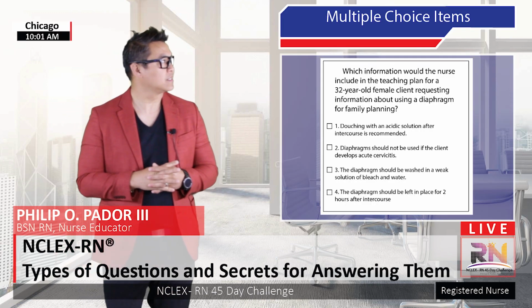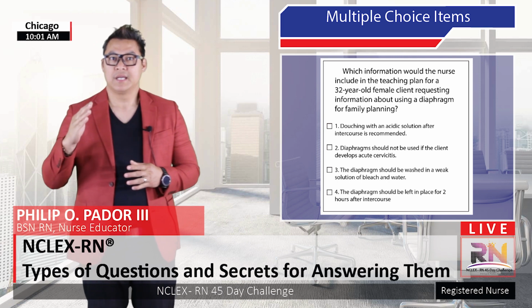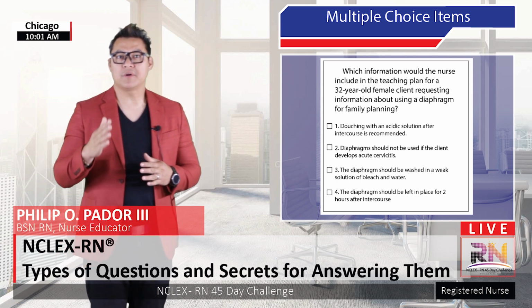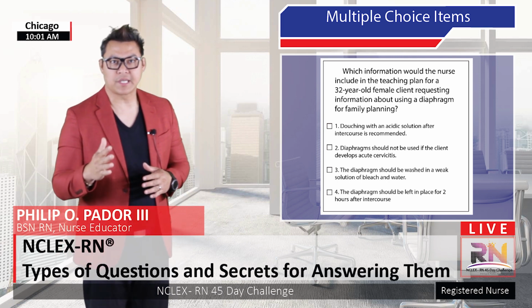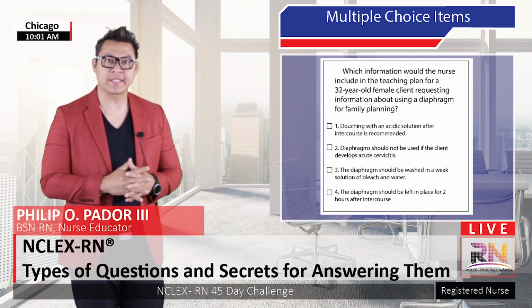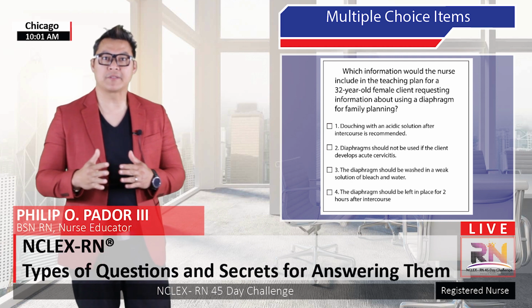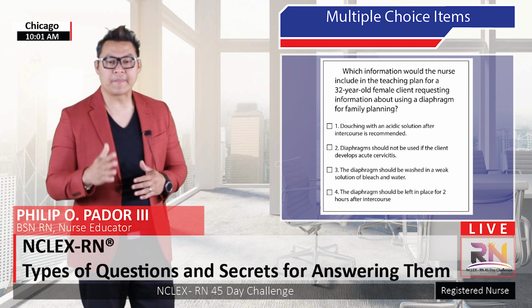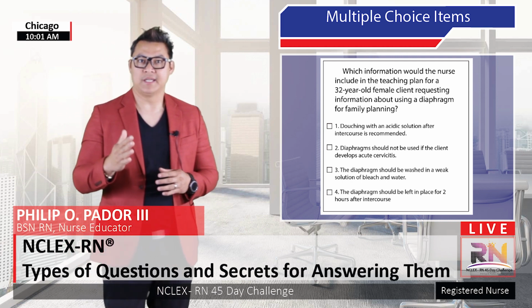Let's look at a question example. Which information would the nurse include in the teaching plan for a 32-year-old female client requesting information about using a diaphragm for family planning? 1.